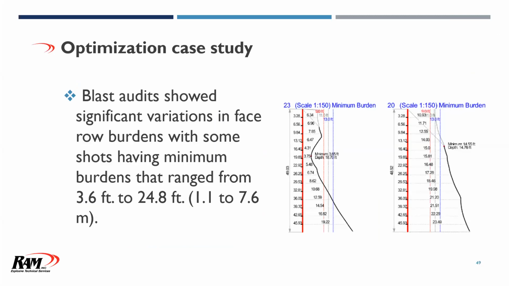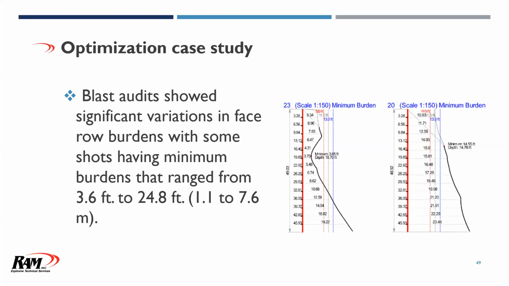They also recognized significant variations in the burdens, and that in the past they had burden poles and some 2D lasers and different technology that still just was not adequate to get the burdens correct. And along with that, by introducing GPS, we now could get actual floor elevations, bench elevations, so that way we had a known elevation that you would shoot to.